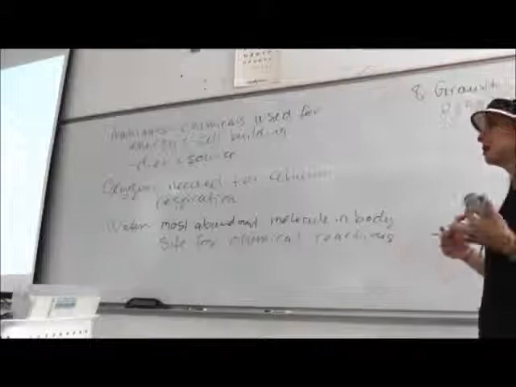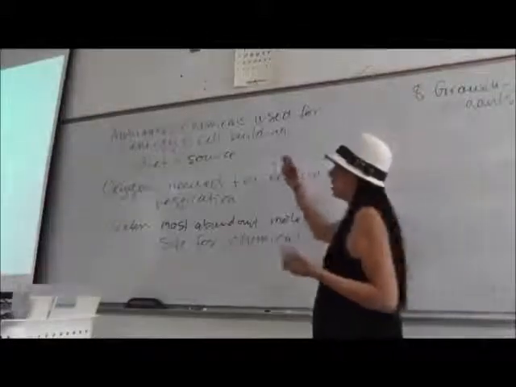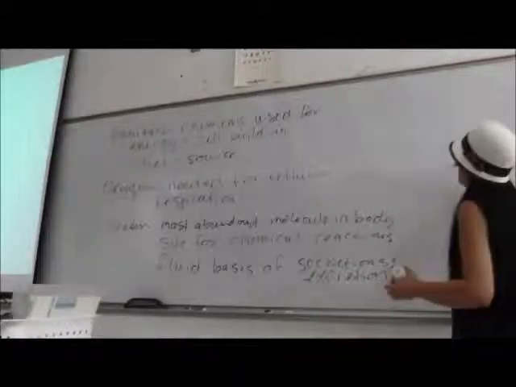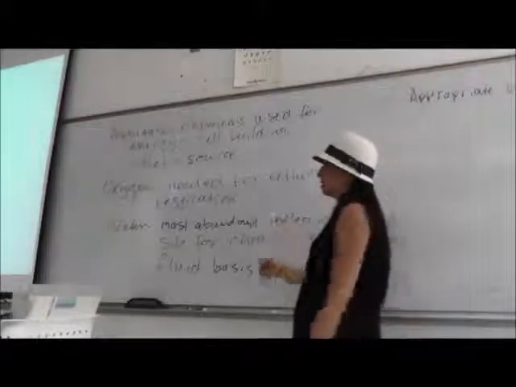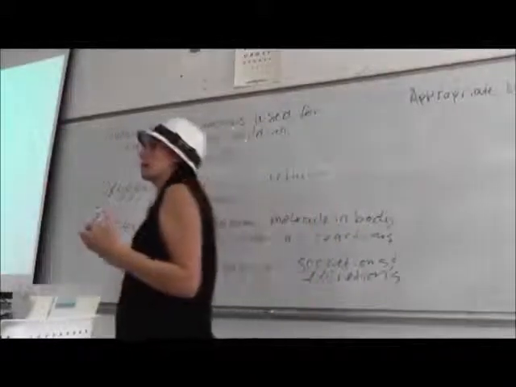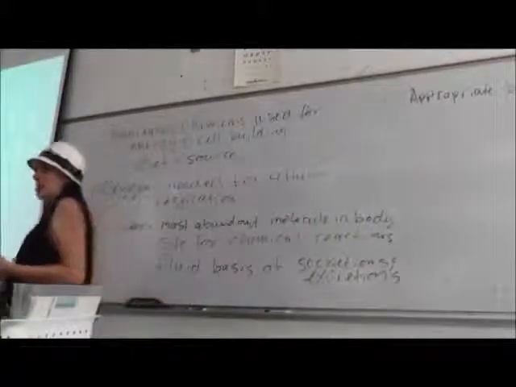It also gives us the fluid basis for our secretions and excretions. Believe it or not, another survival need is an appropriate body temperature. That's because all of the chemical reactions needed for life happen way too slowly on a regular basis to be of any significance for living organisms.